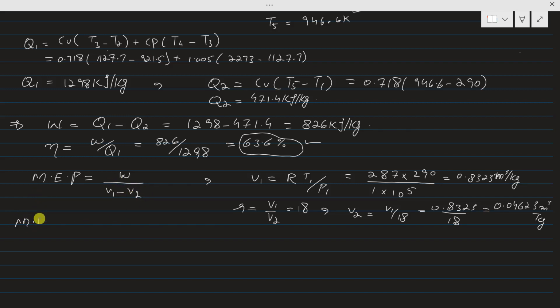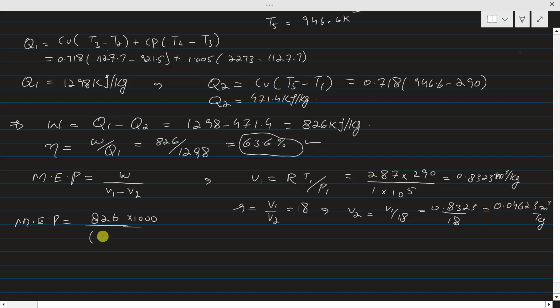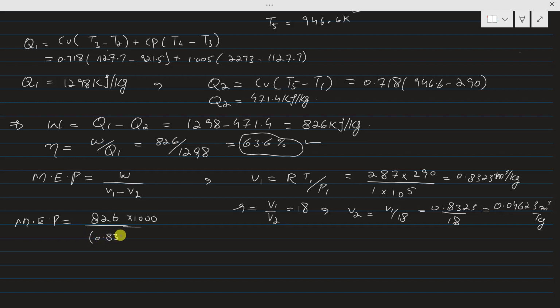So the mean effective pressure is equal to the work done, that is 826 divided by, so it's in kilojoules, so you multiply 1000 with it also, and divide with the volume, that is V1, 0.8323 minus 0.04623.